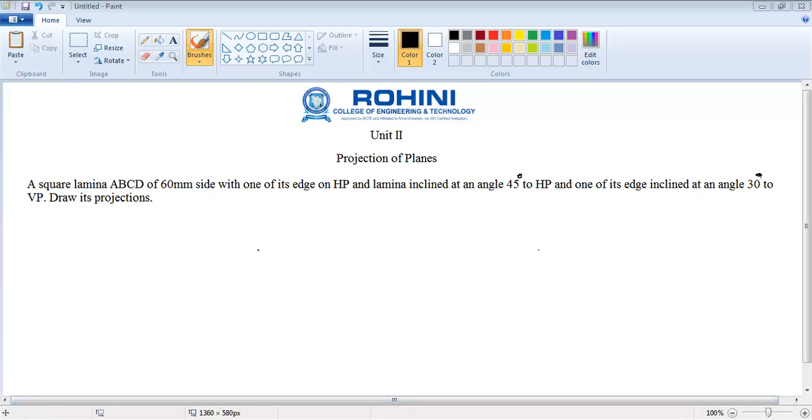of a square lamina when the plane is parallel to HP. Draw an XY line, the XY reference line.